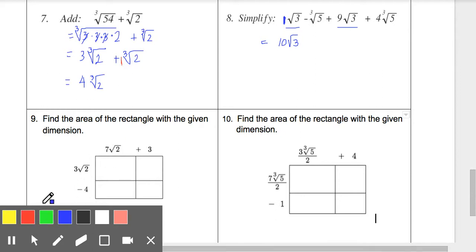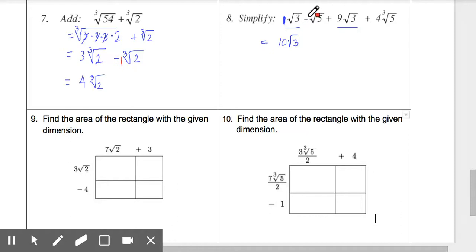Now, in front of the negative cube root of 5 is a 1. So we have here negative 1 cube root of 5 plus 3 cube root of 5. We combine the two together and we'll have positive 3 cube root of 5.